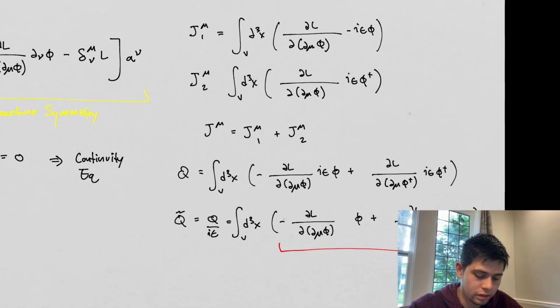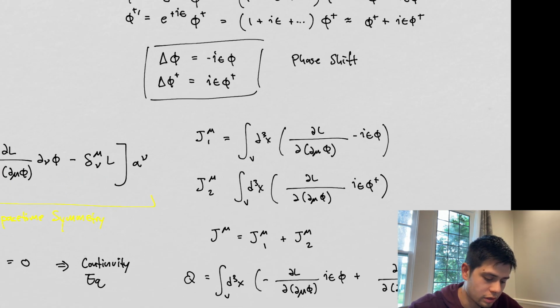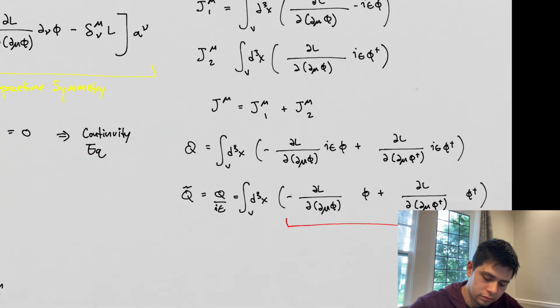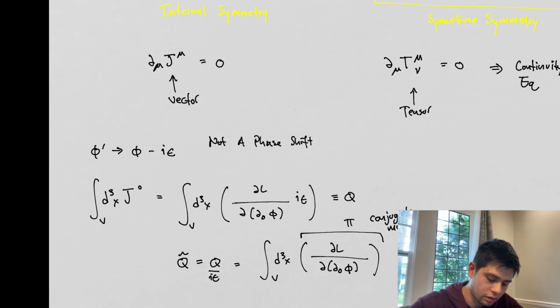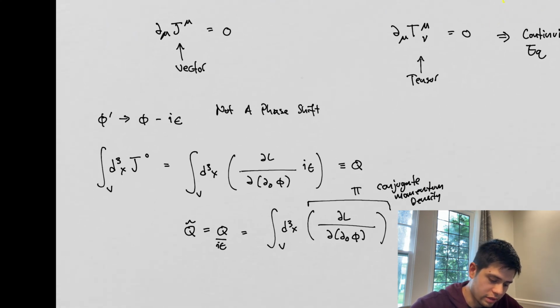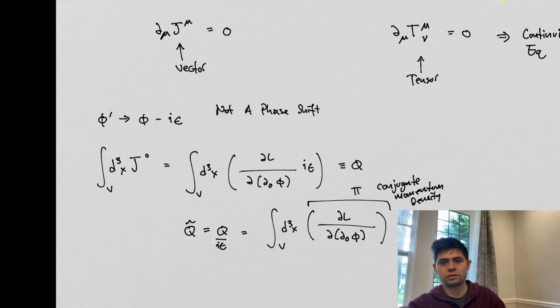Under these types of shifts we got this, and under this type of shift we got this. We didn't necessarily have to put a 0 here, but putting a 0 here applies to what's called a conjugate momentum density. When you don't put a 0 there, that's just more general.